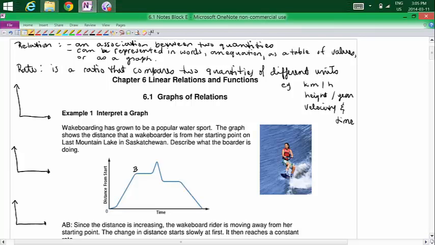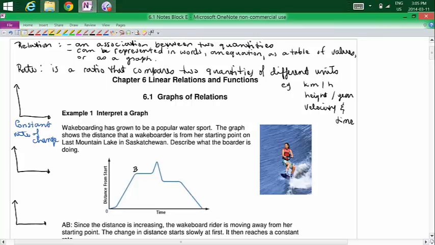And I also want to take a look at what a constant rate of change would look like on a graph, what a rate of change looks like when it's not constant on a graph, and when there is no change in rate, what that looks like on a graph. So I've got three small graphs over on the side here, and on the first one, we're going to take a look at a constant rate of change.